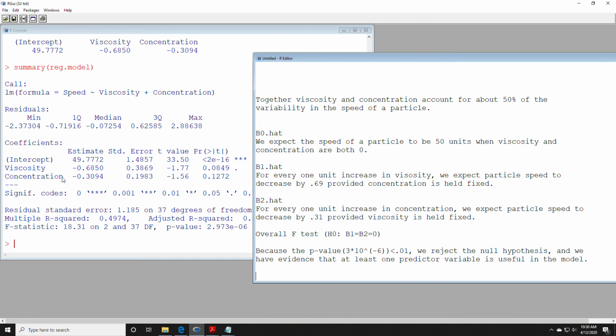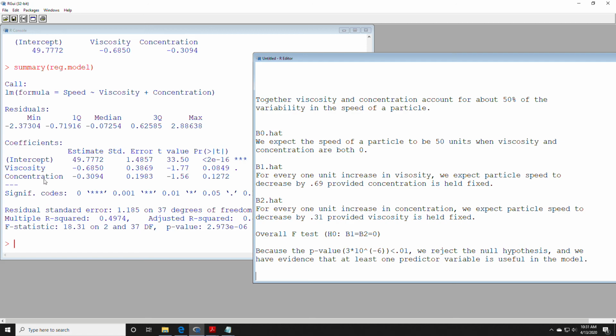If you've got the concentration of something in that substance, the concentration is probably what's causing it to be more viscous. So the more concentrated it is, the more viscous it is. So both of these are basically measuring the same quantity, and how viscous it is is related: the particle travels slower. Negative relationship when it's more viscous.